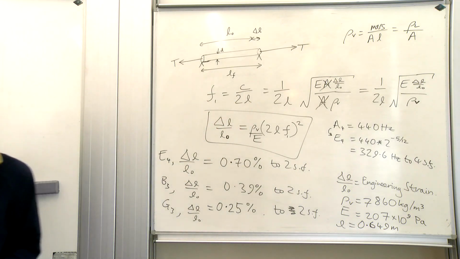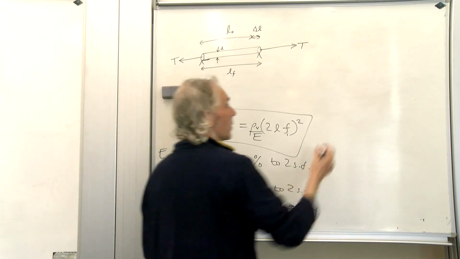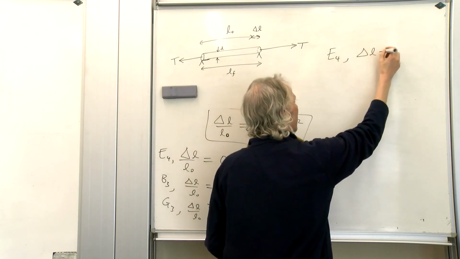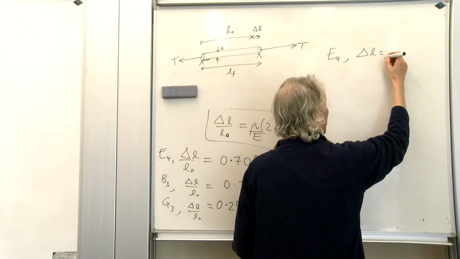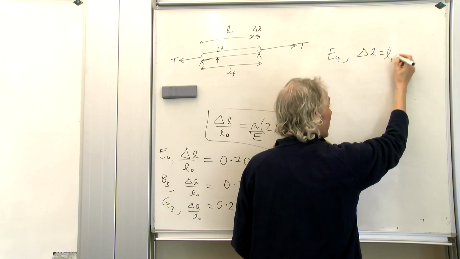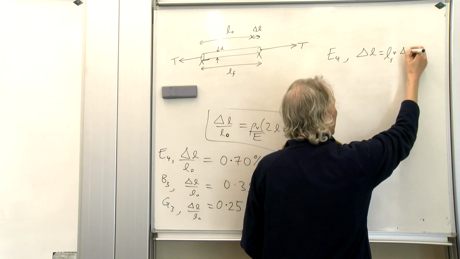We can multiply through to get delta L. So why don't we do that as well? So for the E4 string, delta L, we take our LF or whatever, or L naught, is approximately equal to LF, so this is an approximation, and multiply that by the delta L over L naught.